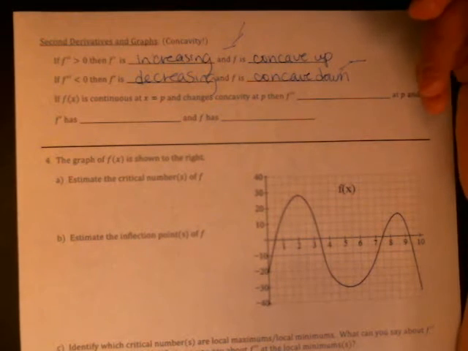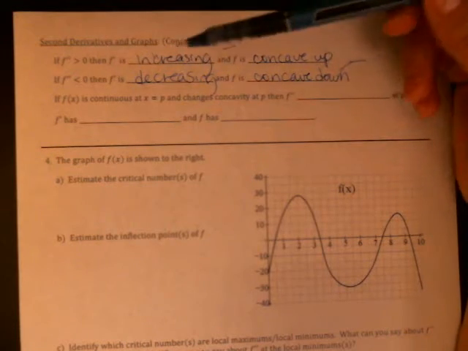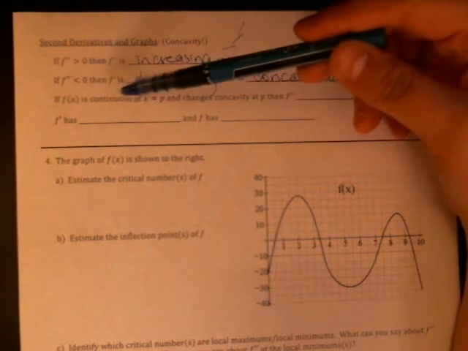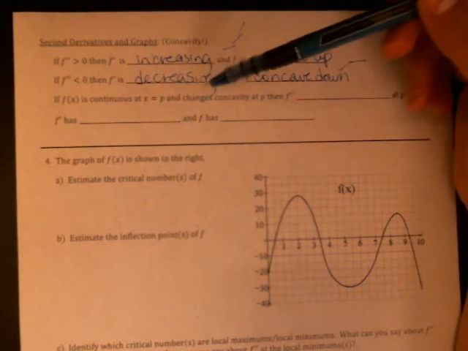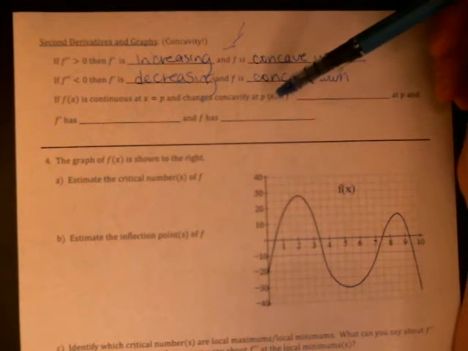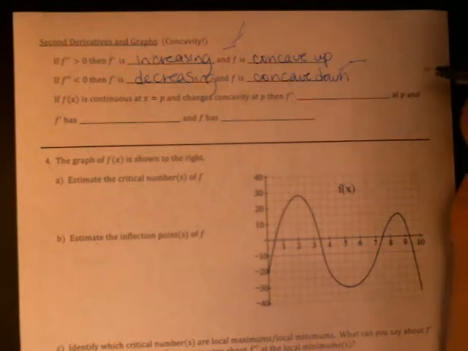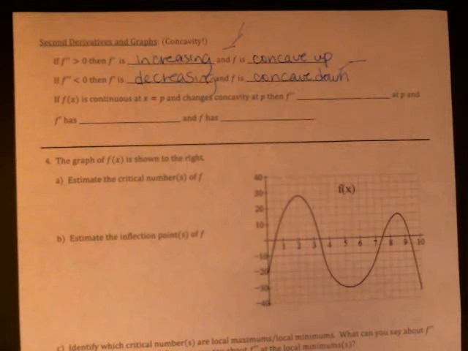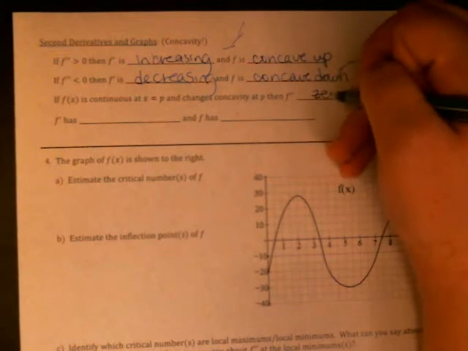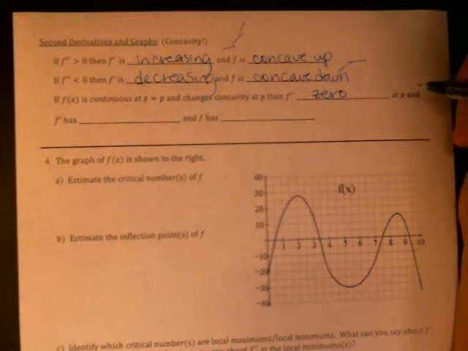What else is on my definition here before we get into second derivative tests? If the function is continuous at x equals p and changes concavity at that same x value, then f double prime switches either from positive to negative or negative to positive, and we will say that f double prime is 0, although that could happen when f double prime does not exist.